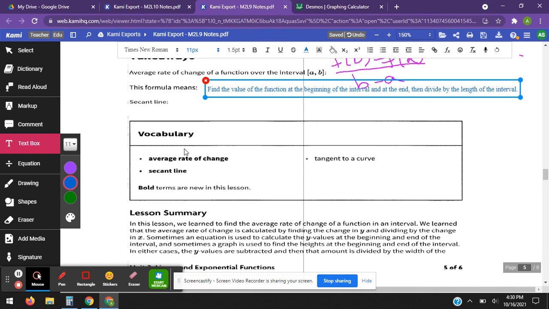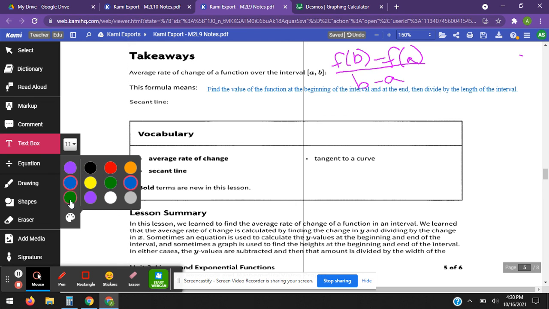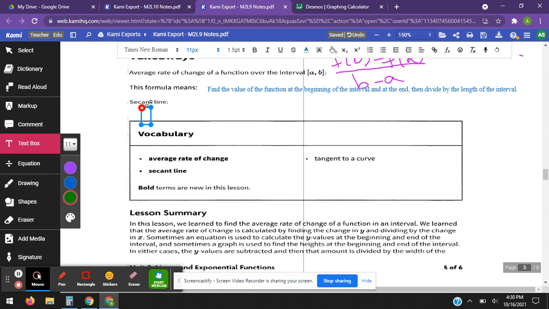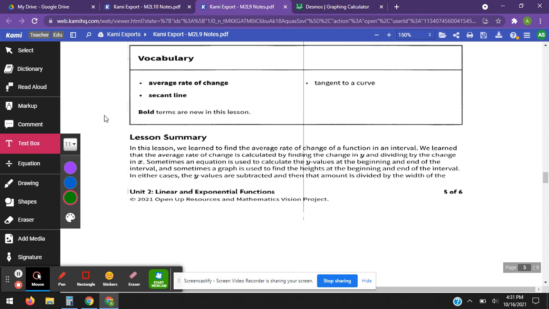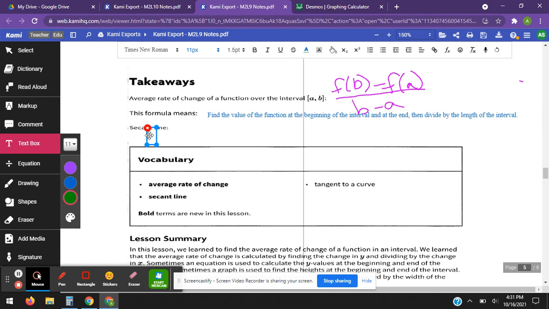And secant line. Let's just review what a secant line is. A secant line is, let's do this one in green. So we didn't actually say that, but that is what we were drawing to find the average rate of change. This is the line that contains the endpoints of the curve on a given interval, called a secant line.